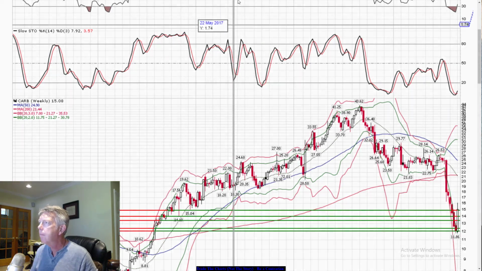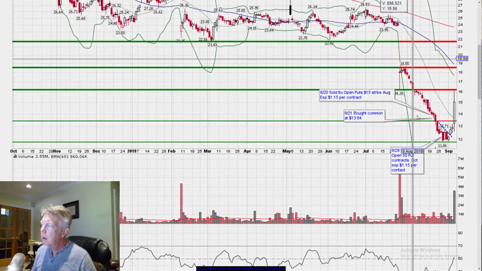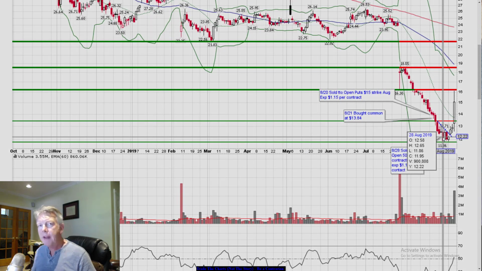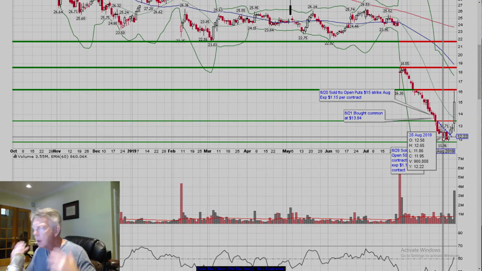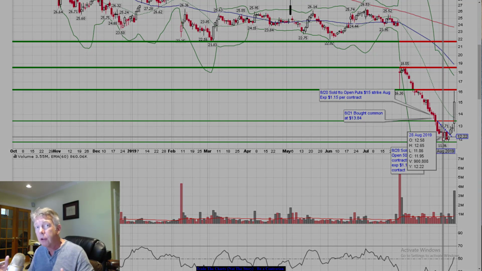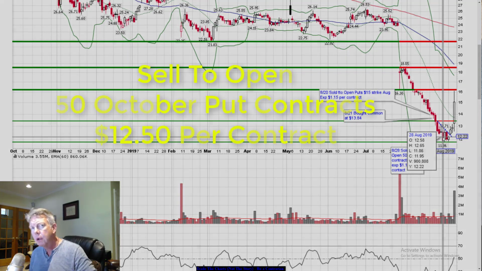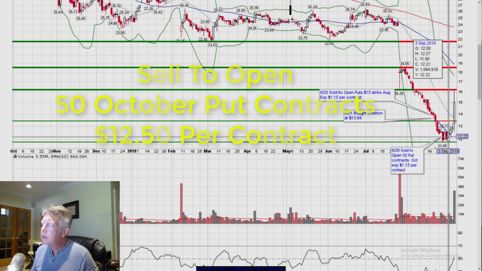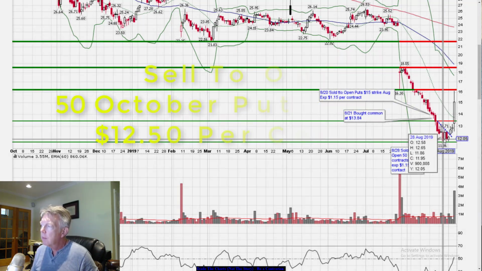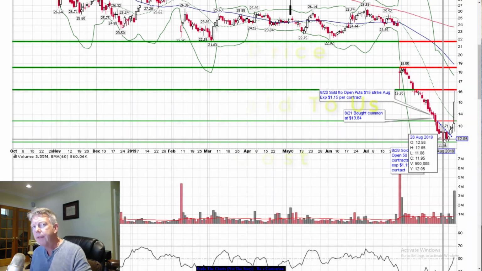Back to the daily chart. What we decided to do was to take advantage of what I like to call fat implied volatility, meaning you had traders buying up these put options at very, very inflated values. So I said, okay, what we're going to do is sell 50 contracts, that's 5,000 shares, at the $12.50 strike price, bringing in another $1.15.